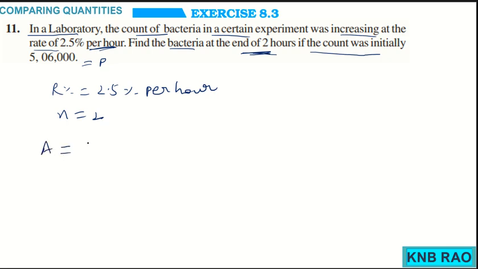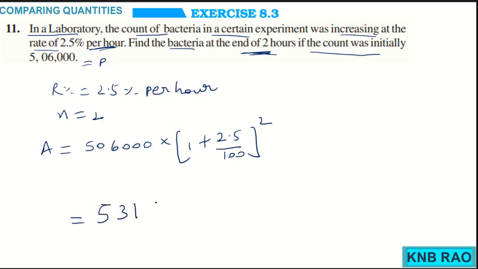So, same formula: 5,06,000 multiplied by 1 plus 2.5 by 100 raised to the power 2. You simplify this, you know how to solve it. I am just giving all the calculation part to you. Now, you will get 5,31,616 being the bacteria count by the end of 2 hours. So, write the conclusion.